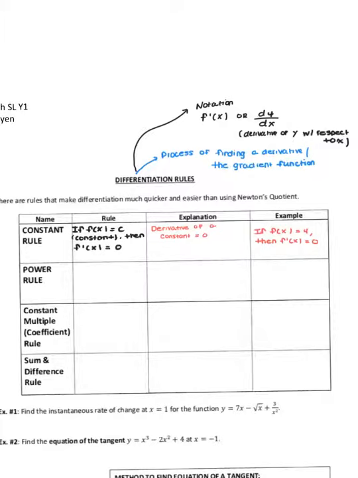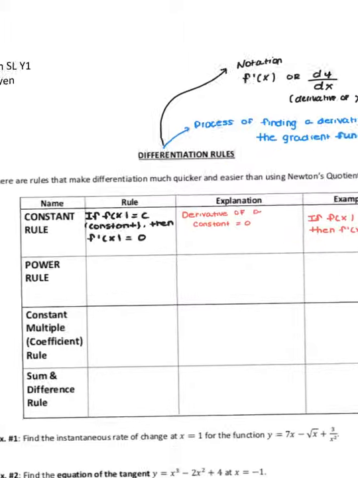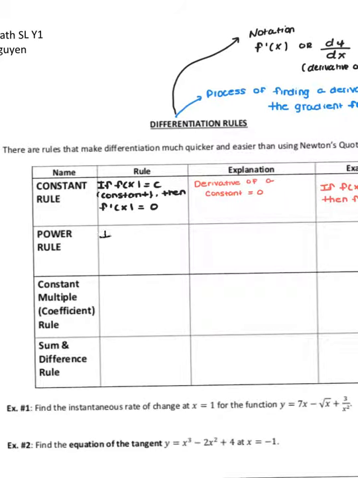All right. The power rule is the one that is really a game changer in terms of making finding a derivative pretty easy. Basically, it says this: if f of x is equal to, let's just say, x to some power, then the derivative or the gradient f prime x is going to be equal to, now here's what you do.